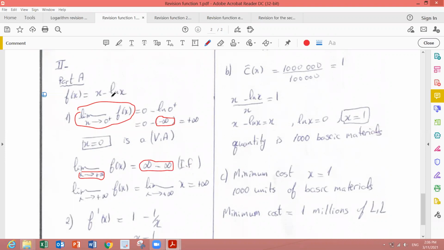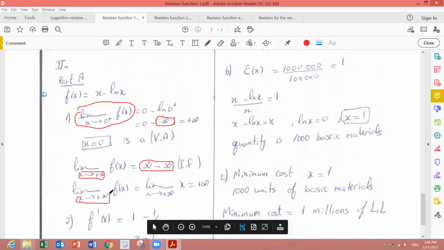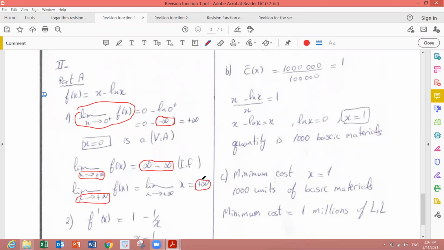Here we take the highest power, x minus ln x. x is the highest, so the limit as x tends to plus infinity of f(x) equals plus infinity. Any questions about the limits? So ln infinity is infinity, ln 0 is minus infinity.